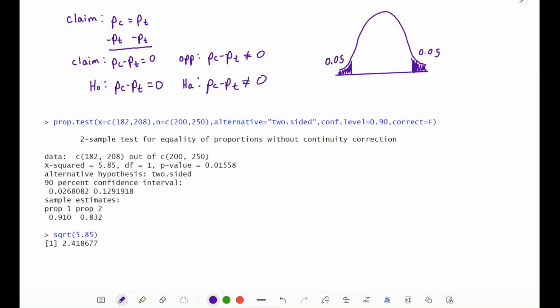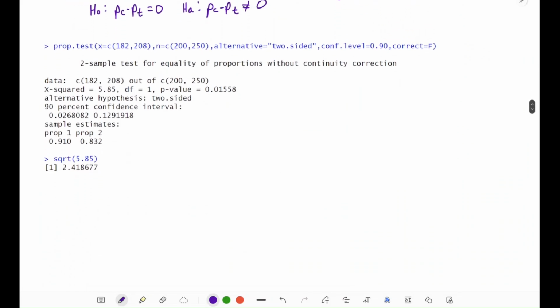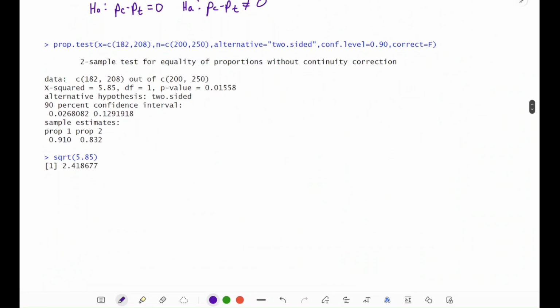So there, I copied and pasted it. And I'm just going to copy down the pertinent information. So our test statistic, which is Z, is equal to 2.42. And then our p-value is equal to 0.0156. So there we go with that.